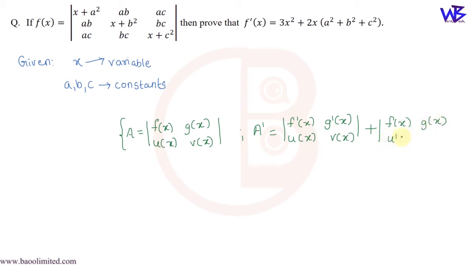So each element will be differentiated separately. So this is the way a determinant is differentiated in general.